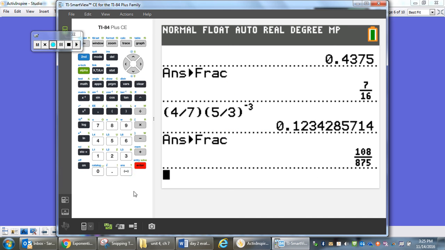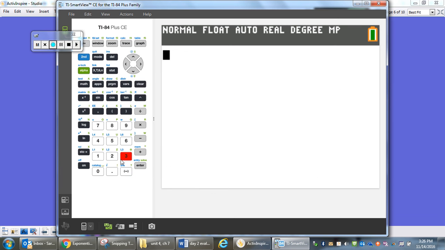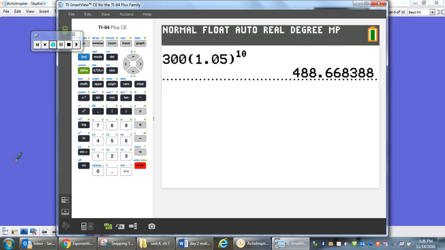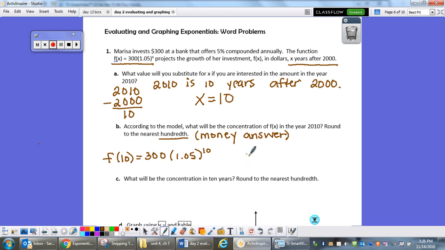So use your calculator: 300 times 1.05 to the 10th power. Enter. 488.67. So that's $488.67, which makes sense because it's growing and she started at 300, so it should be a bigger answer.